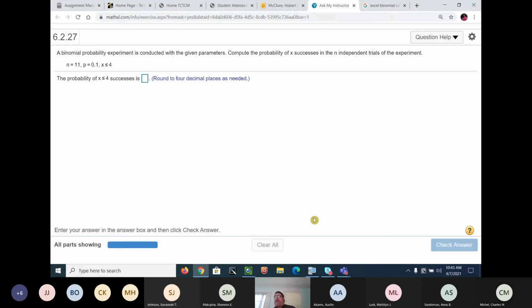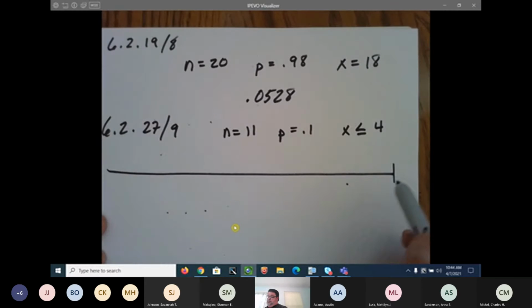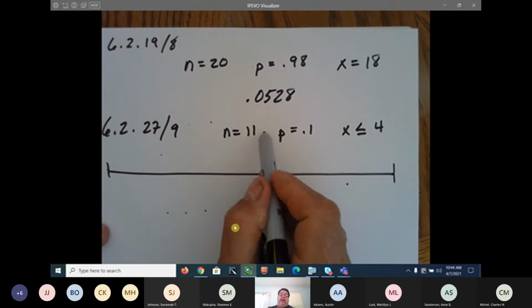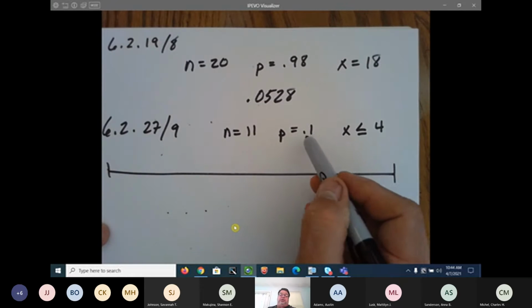Okay, here's your inequality. Now, I'm going to write down everything, and then I'm going to show you on the number line because that's the best way to show you. p is equal to 0.1, and x is less than or equal to 4. First, I'm going to draw a number line. Remember, there's no such thing as 2.5 households. So let's say you went to 11 households, and the chance that you're watching the Olympics is 10%.